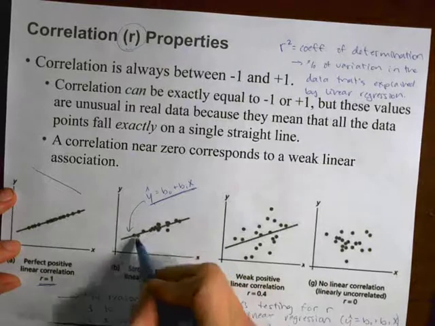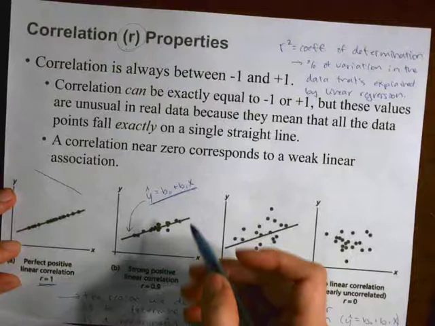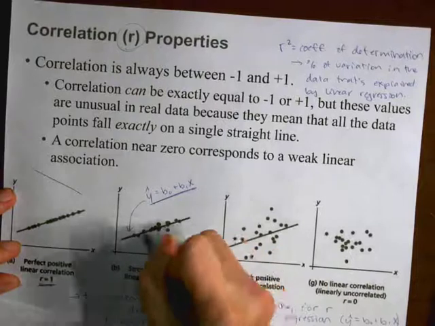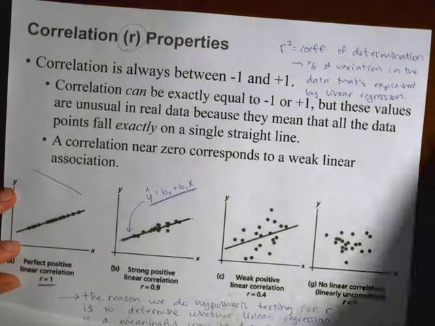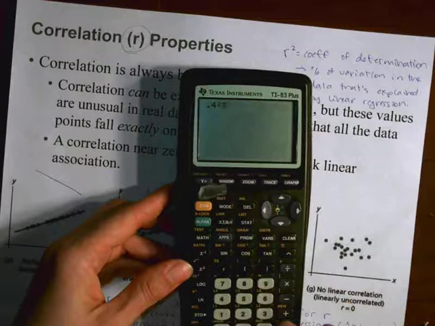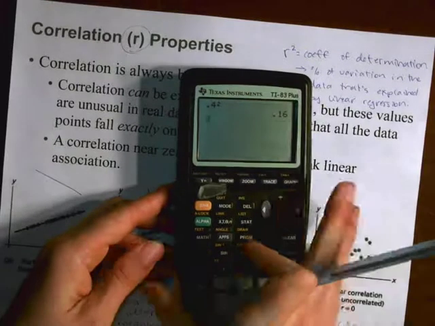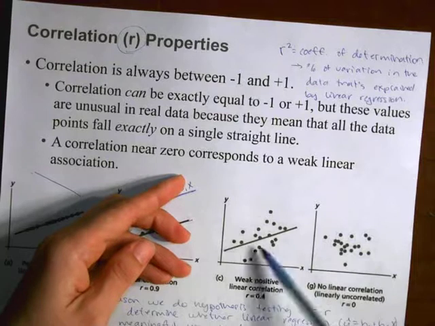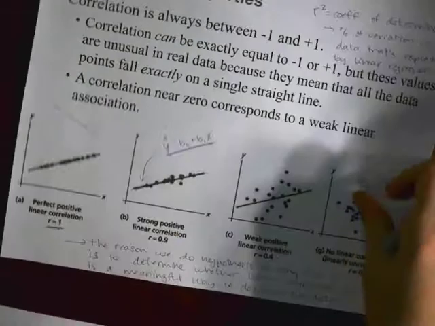So that says that 81% of the up-down motion in this scatter plot is explained by this linear regression line. An R value of 0.4 will be 0.4 squared, which is 0.16. So 16% of the scatter here is explained by linear regression.